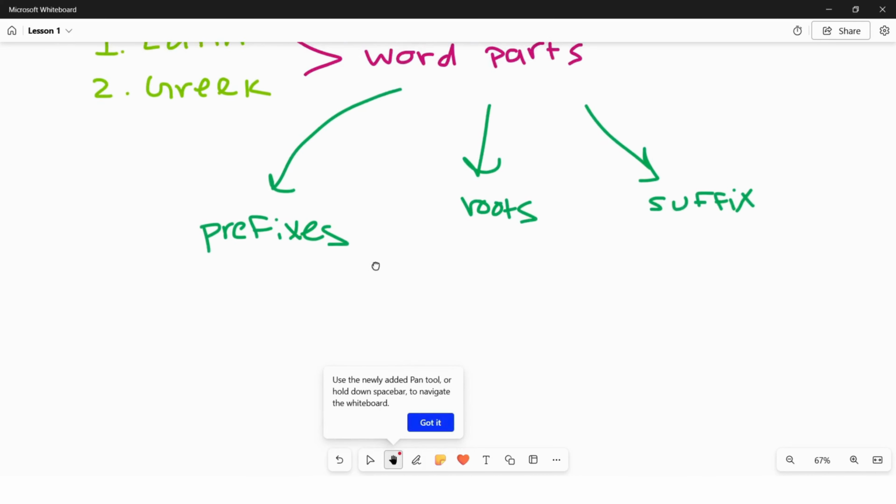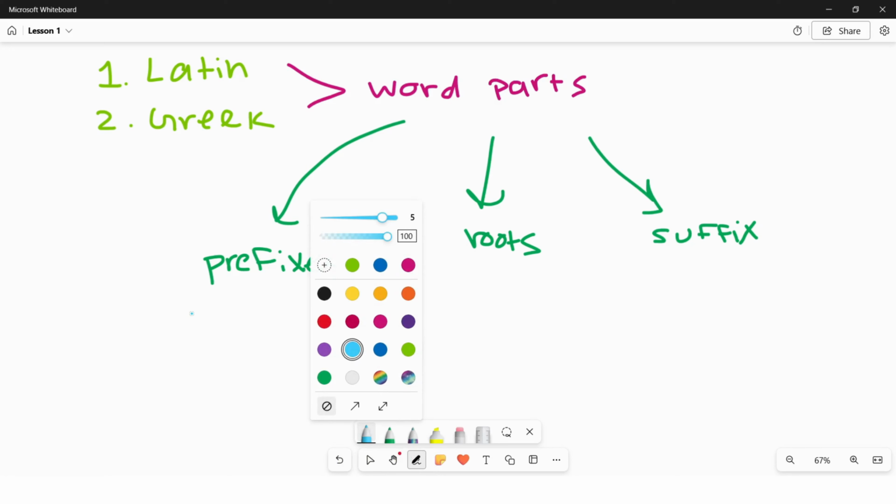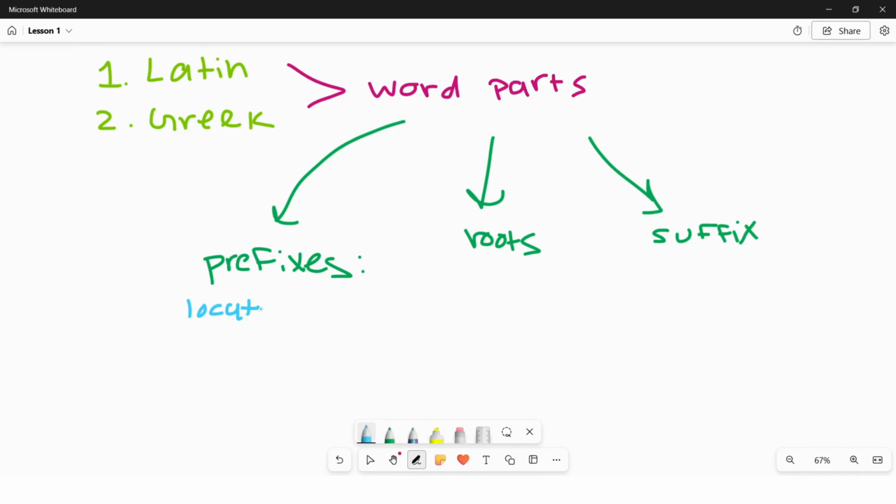Well, let's break down each one. Prefixes tell us about the location. So if you say hypo, it could be below something, or it can tell you the time or the number of a disease or a condition.